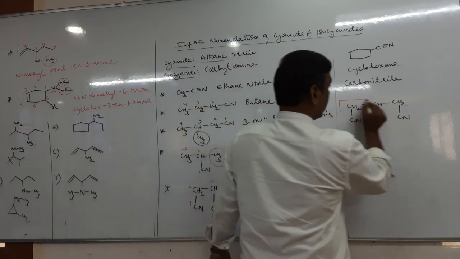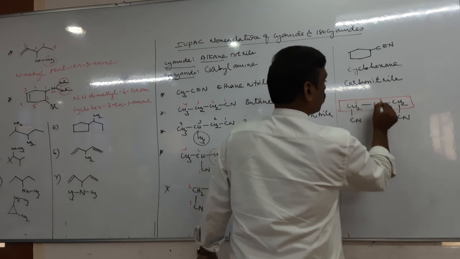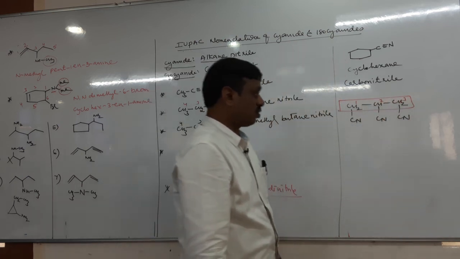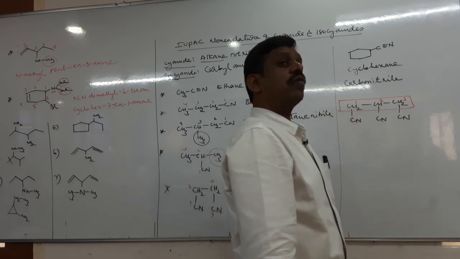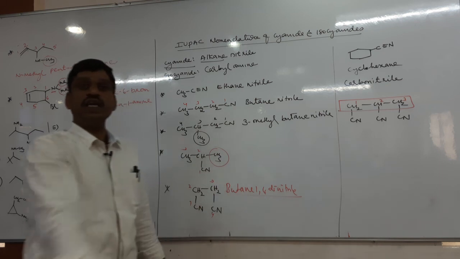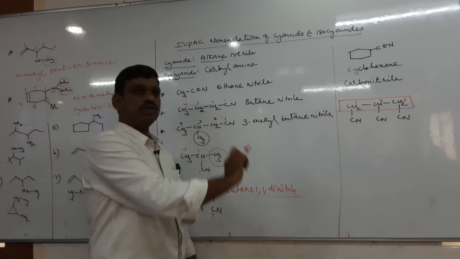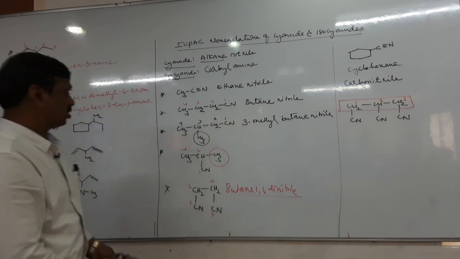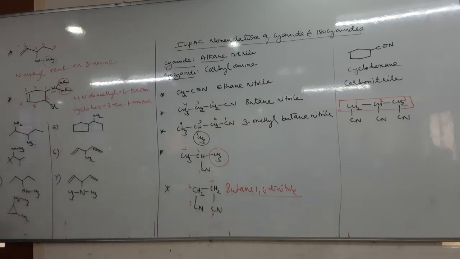Therefore, you take it as propane, 1, 2, 3. So propane 1, 2, 3, tricarbonitrile. It means wherever alkane nitrile nomenclature is not possible, you can use carbonitrile nomenclature. Okay. Similarly, 1, 2 examples, isocyanide.